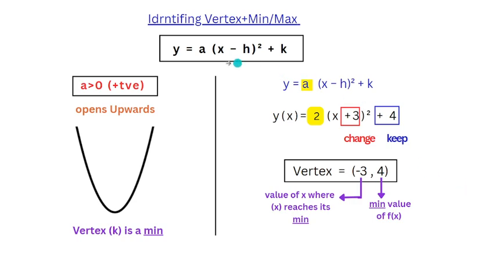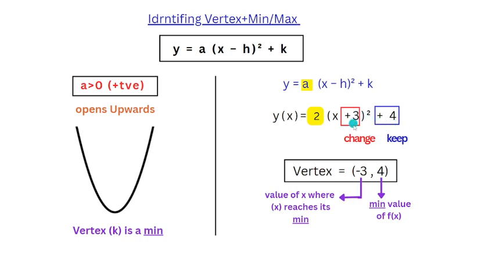When we have an equation y equal a quantity x minus h squared plus k, of course this is a vertex form. We will take an example of it. y equal to quantity x plus 3 squared plus 4.